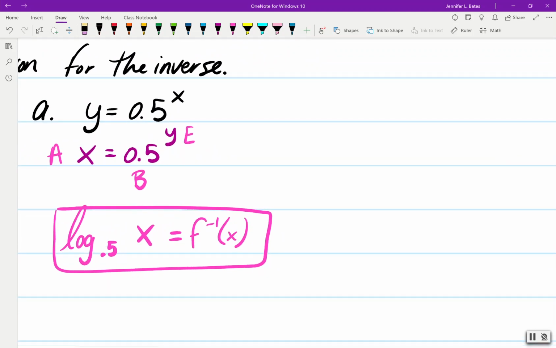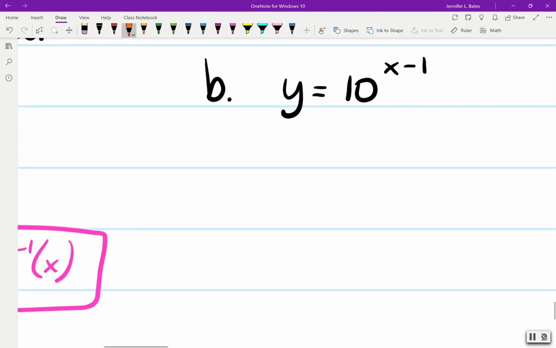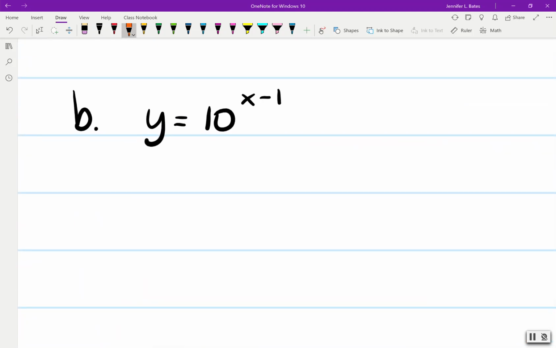Okay, let's do another one. Next one, very similar. y is equal to 10 to the power of x minus 1. Okay, so this is an exponential, so I know that the inverse will have a log, so my final answer is going to have a log. I'm going to start by doing step 1. Step 1 says switch x and y.